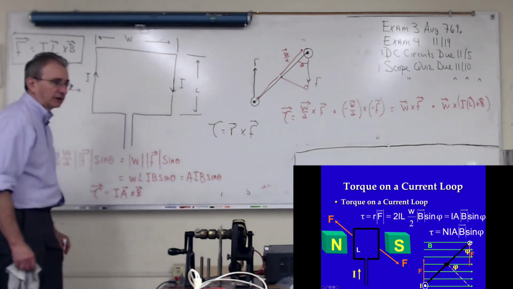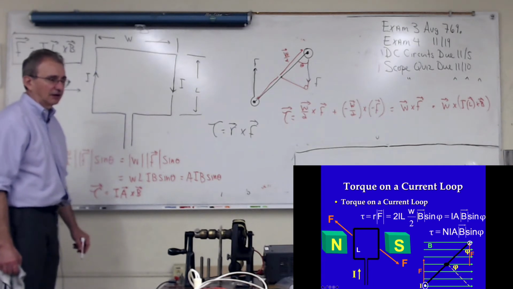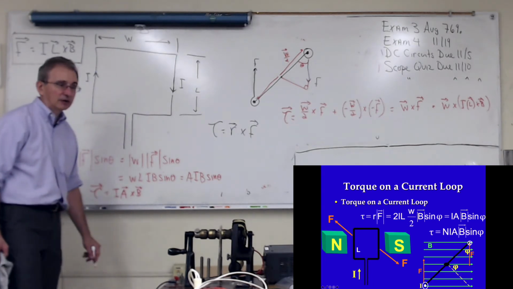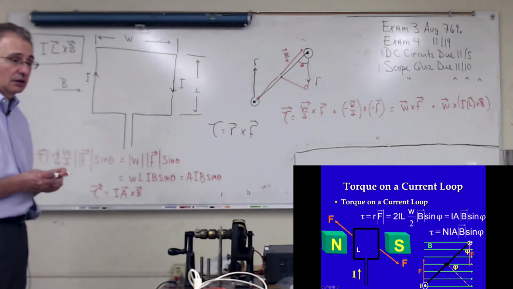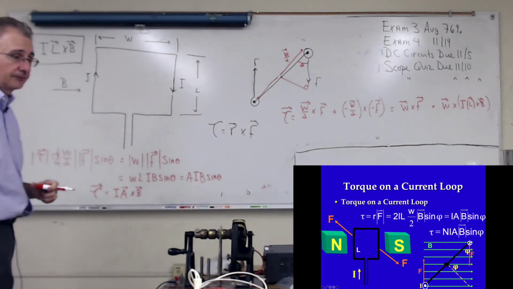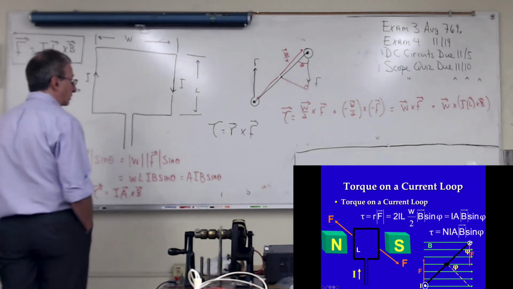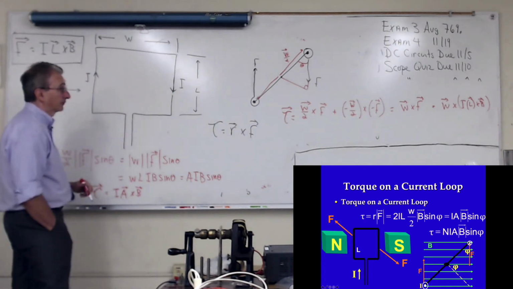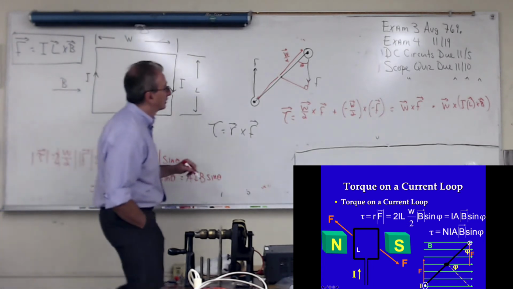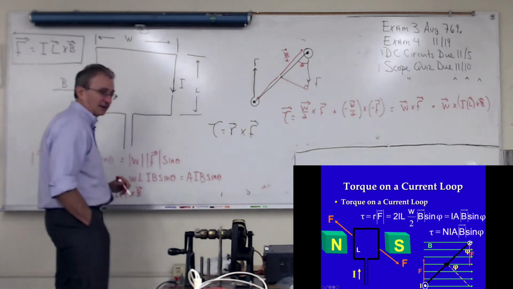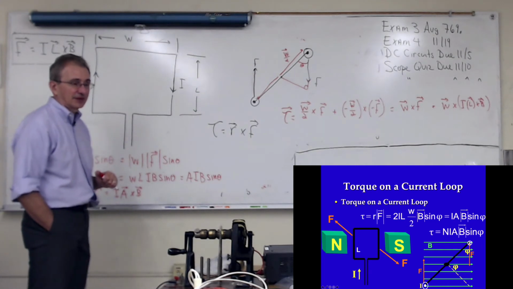What's the area vector? How do you find the direction of the area vector? Well, it's the normal to the loop. Okay. The area vector is the normal to the loop. And I would imagine, if you went through that, it doesn't matter which normal you take.